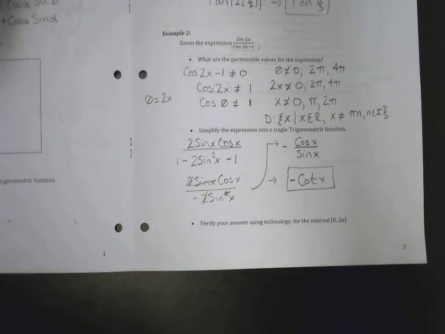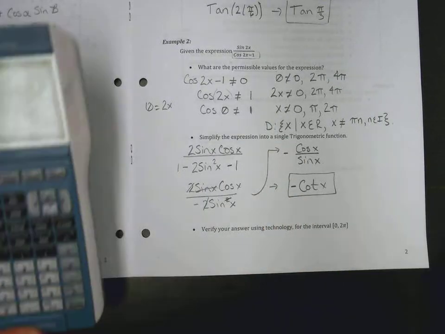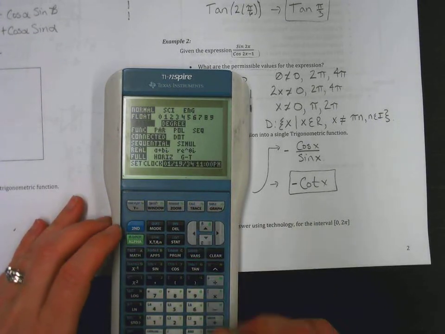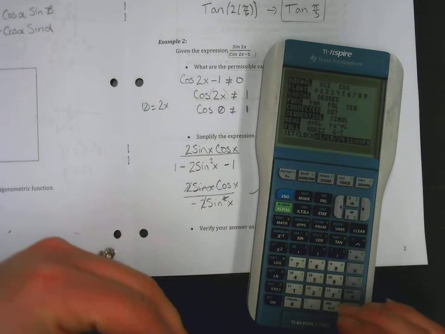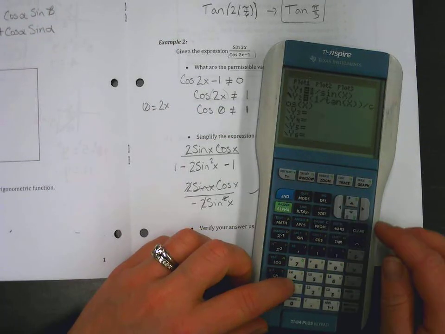Okay, and then it says verify your answer using technology. So using technology on your calculators, we'd want to make sure our calculator's in radian mode. This is always a way to verify your identity, is to start with your original expression in y1.